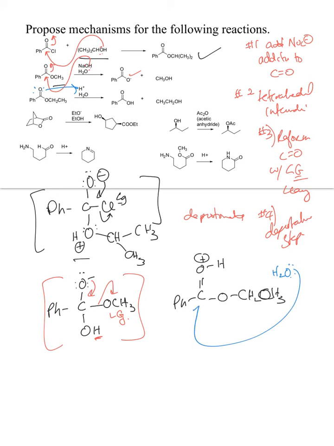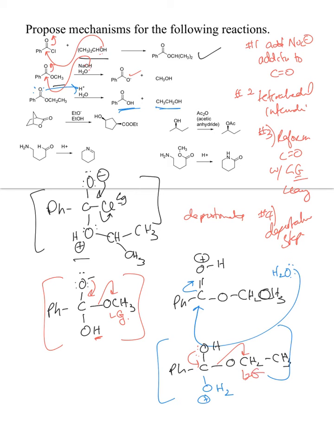And so now it's going to come in and form your tetrahedral intermediate, OH2. And then you see that this is going to be your leaving group. So these electrons will come here. This will be your leaving group. And then you get a deprotonation step to form your products.